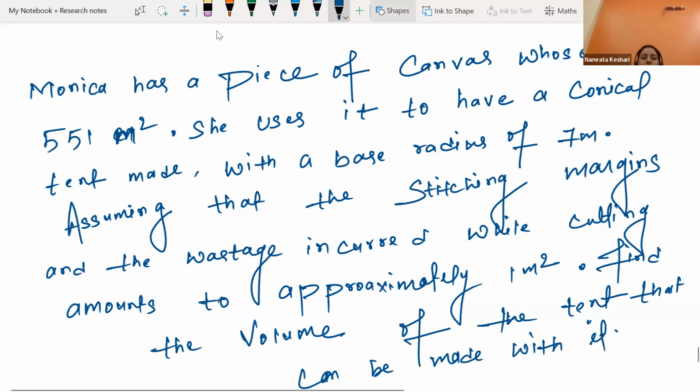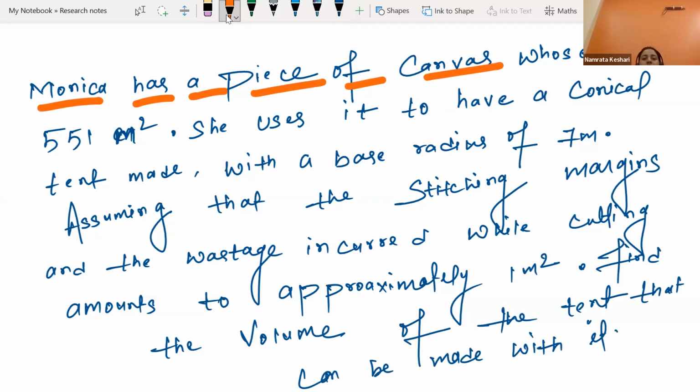Here the question says that Monica has a piece of canvas, whose area is 551 meter square. You can think about it as a piece of cloth.